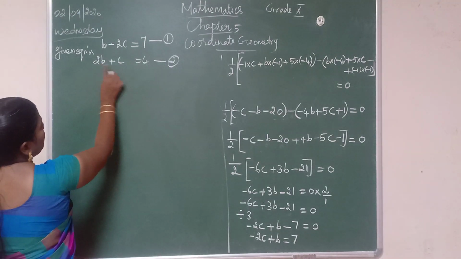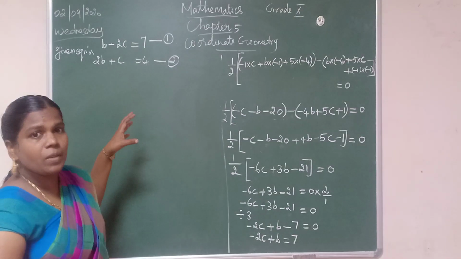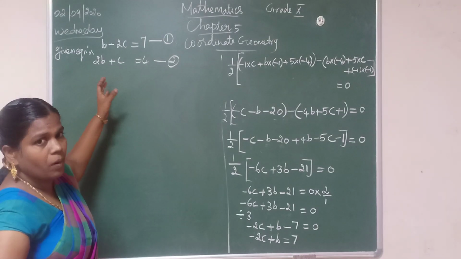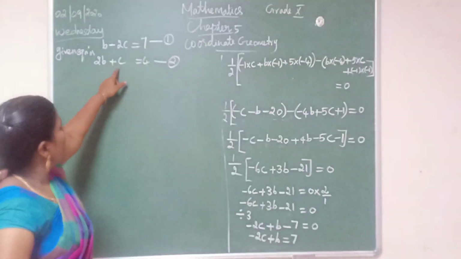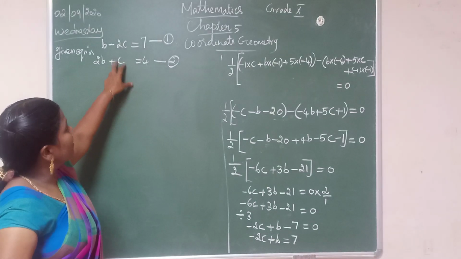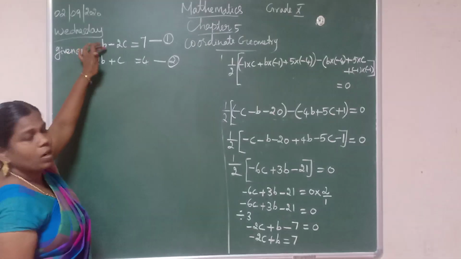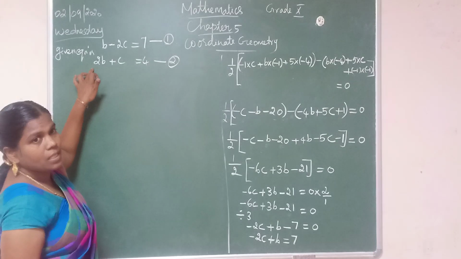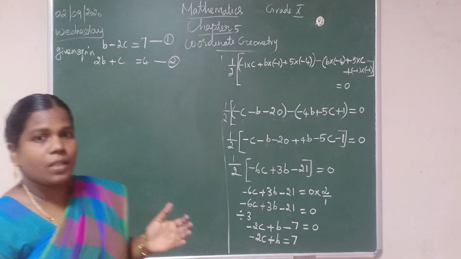To cancel any one variable, if we multiply equation 2 by 2, the c term becomes 2c, and by that we can cancel the c term. Otherwise, if we multiply equation 1 by 2, the b term becomes 2b, and by that we can cancel the 2b term. So any one condition we can use.